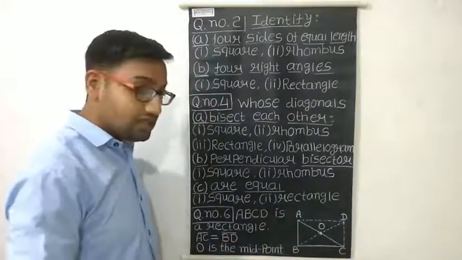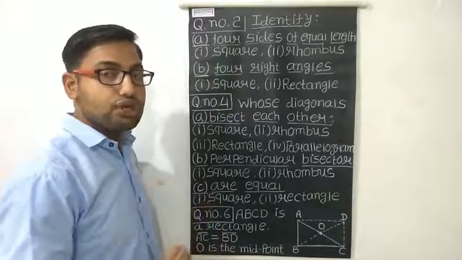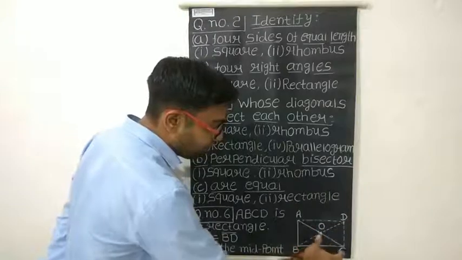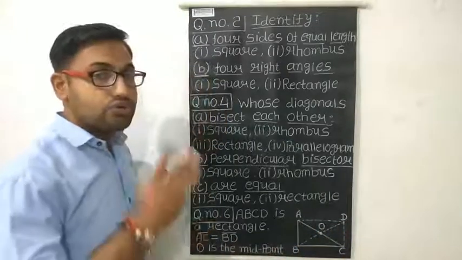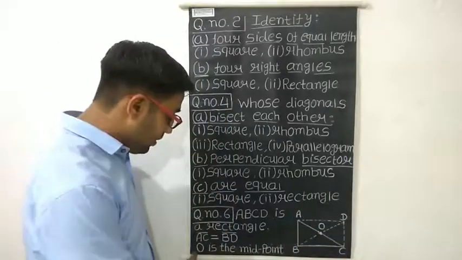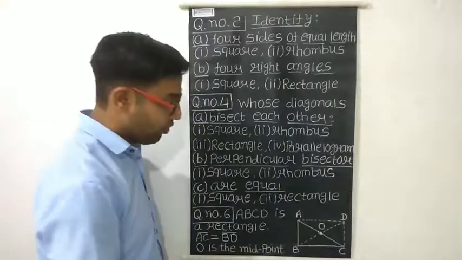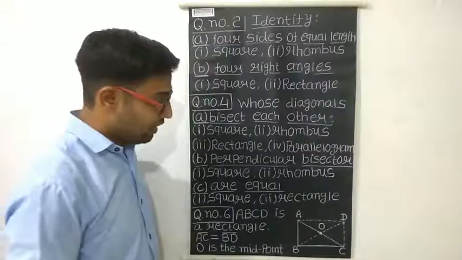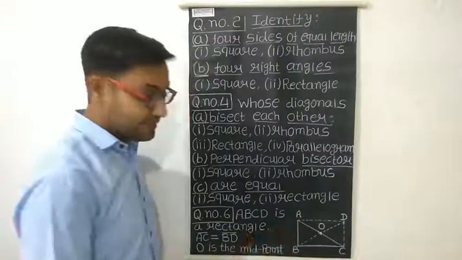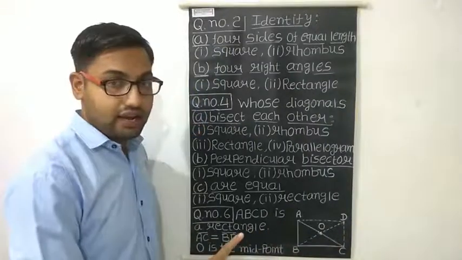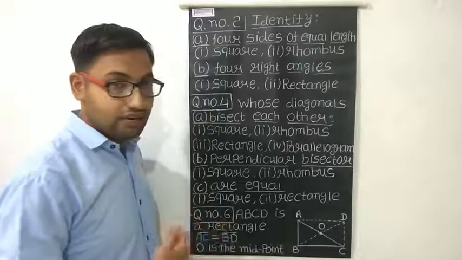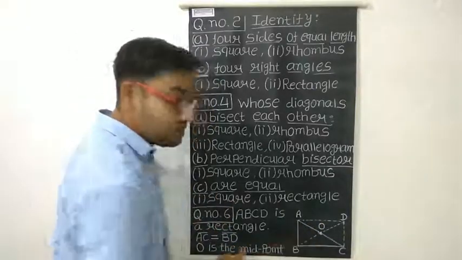Right? As both the diagonals are also equal, all the 4 parts OA, OB, OC and OD are also equal. So O is the midpoint of both AC and BD. Right? So let us take an example, if AC is 10, then BD is also 10 because both the diagonals are equal and O is the midpoint.